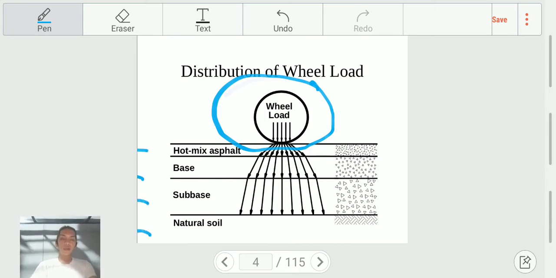This is our road, our highway road. As you remember, in our highway subject, we already studied the layers of road construction. We have hot mixed asphalt. First is the natural soil, and some of our failures are because of the natural soil. The first layer is the sub base, second is the base, and the last one is the hot mixed asphalt.